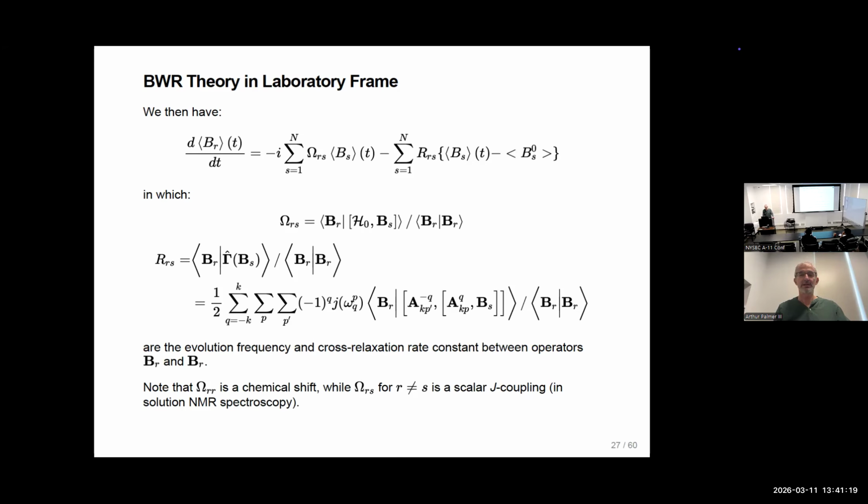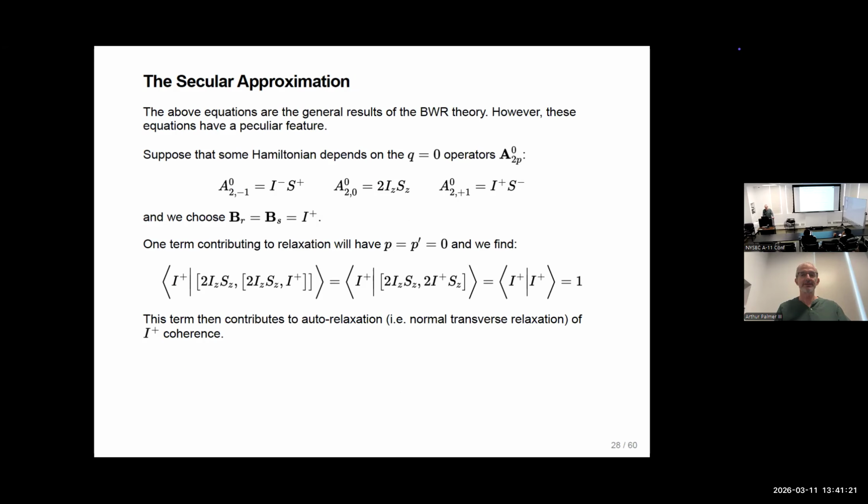Now, there's a bit of a problem. So let's do a sample calculation. Suppose we have some part of our fluctuating Hamiltonian that depends on A2P0. Remember, P has to keep track of the difference between operators with the same frequency.